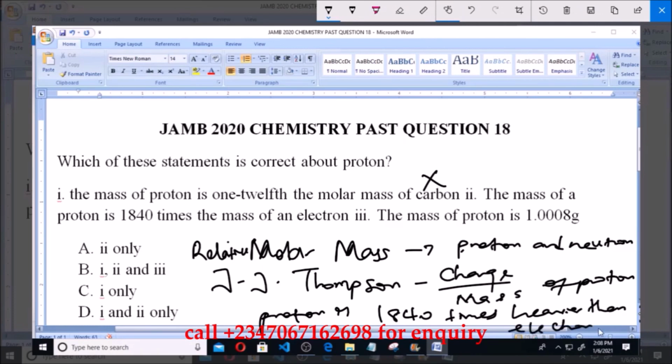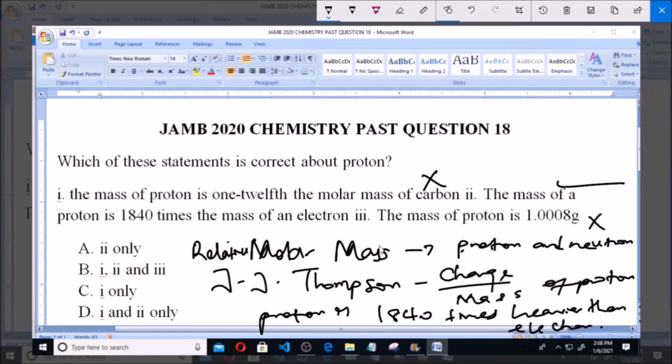Now this simply means that the mass of proton is 1840 times the mass of an electron. So making statement 2 correct. Now statement 3 says the mass of proton is 1.008 gram, which is wrong. The mass of proton is not 1.008 gram.